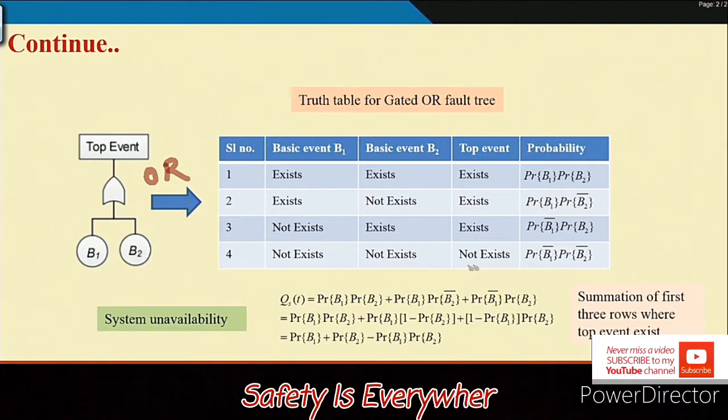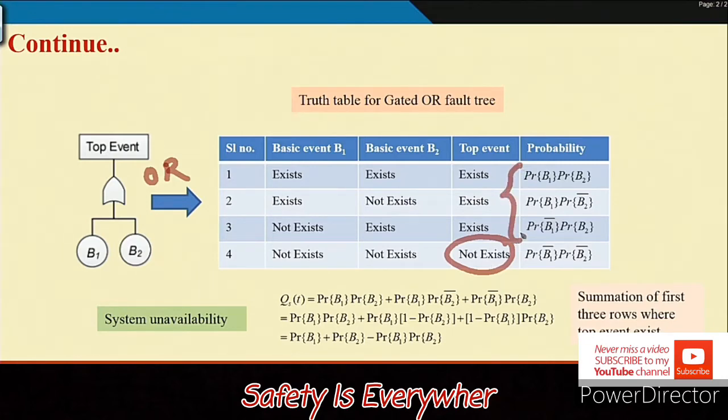That is what is given here. The top event not existing means the system is available. Then the probability of the first three, where the top event exists, means the system is unavailable. So, you sum up the probabilities, this one and this one, and that is what is done here.